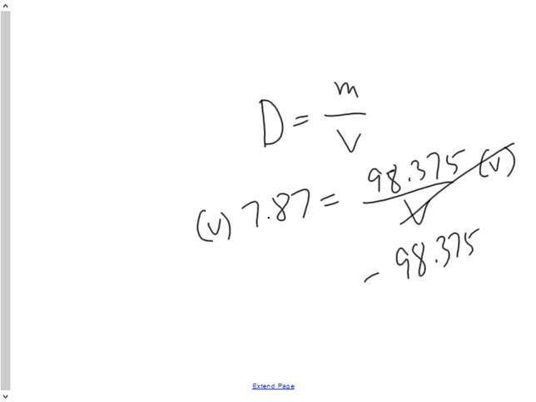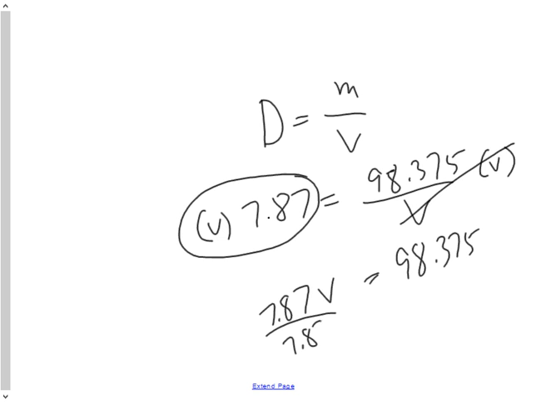But look over here. Multiplying a number by a variable. Remember the variable, the number will assume the coefficient rule. So I'm going to rewrite it as a coefficient and a V. Divide both sides by the coefficient.